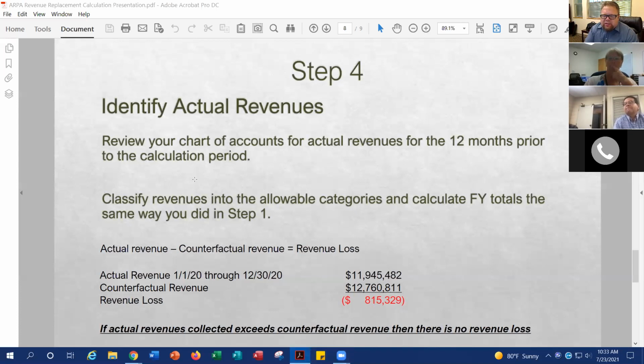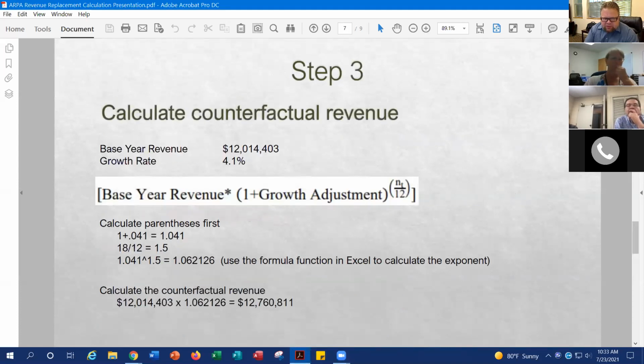Yeah, so that's what Leslie was showing in her calculation there too. So the 4.1%. Now the other difference, the 1.5, is actually coming from months. So it's 18 months since technically the beginning of COVID, but they're actually only looking for your actual revenues for the last 12.